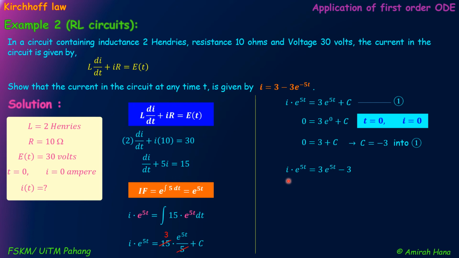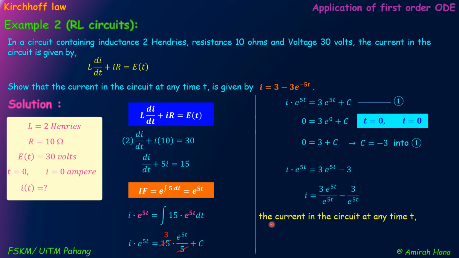To do this, we move e to the power of 5t to the right hand side. Since this is a multiplication operation, after we move it to the right hand side, we divide all the terms on the right hand side by e to the power of 5t. So here we have I equals e to the power of 5t over e to the power of 5t, and then minus 3 over e to the power of 5t.